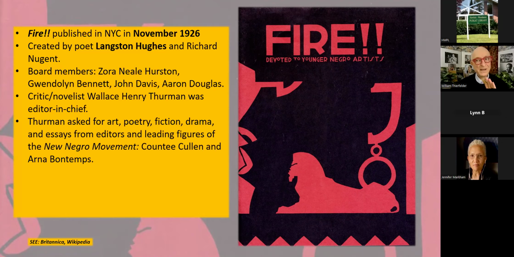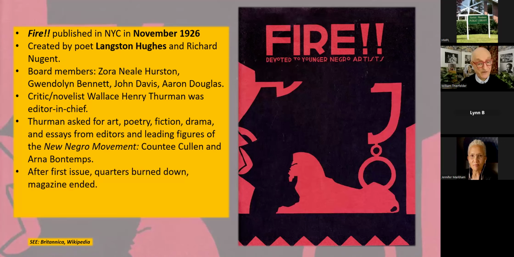Now, unfortunately, in a moment of pure irony, after it published its first issue, which you see on the right of your screen, the headquarters for Fire burned down and the magazine ended. Fire ended Fire. And to answer your question, no, arson was never suspected. In fact, they believe it was faulty wiring of the building.